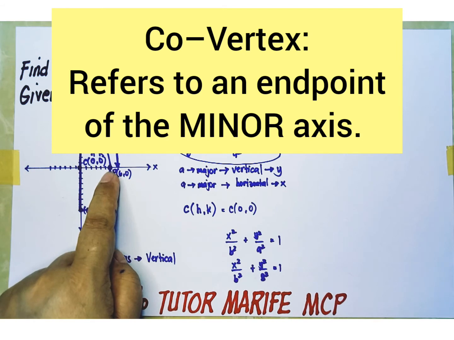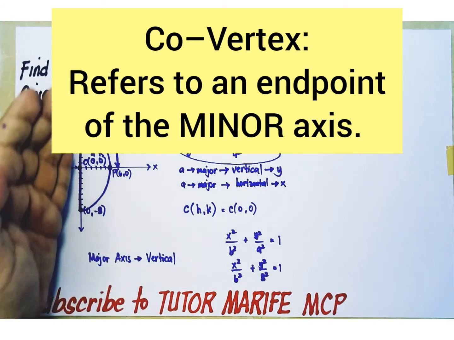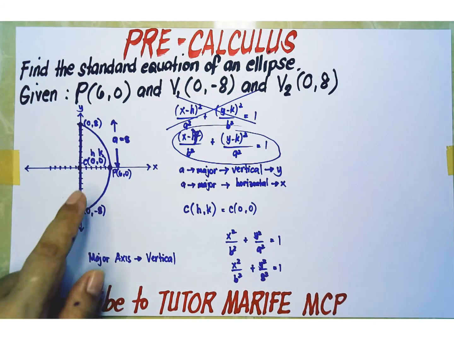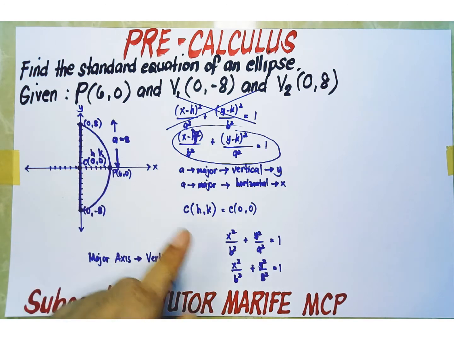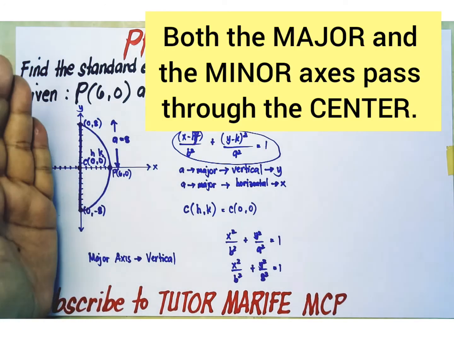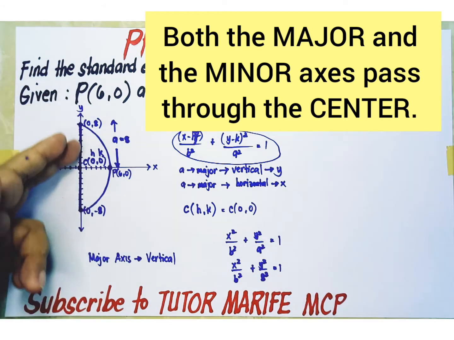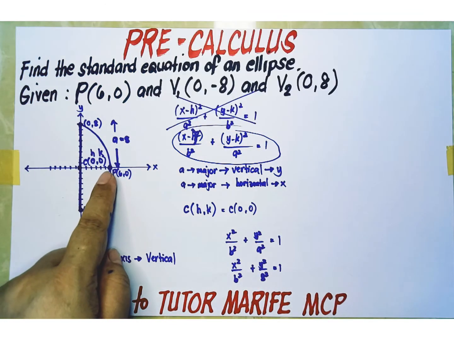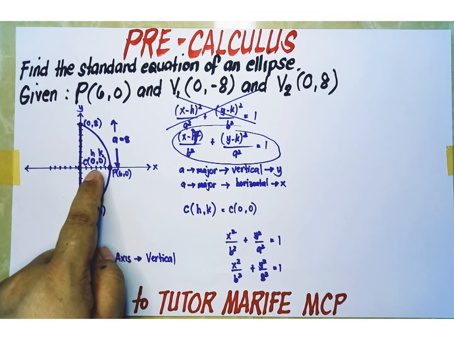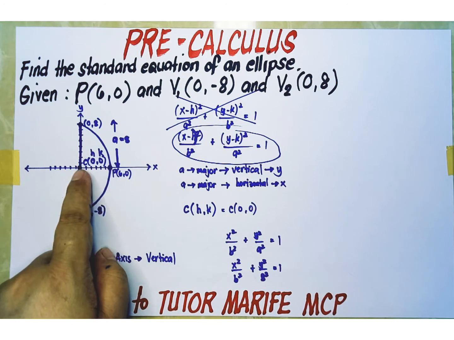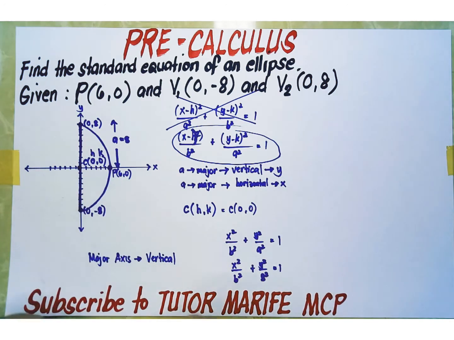The minor axis, just like the major axis, passes through the center of the ellipse, and it's perpendicular to the major axis. This is actually half of the minor axis.